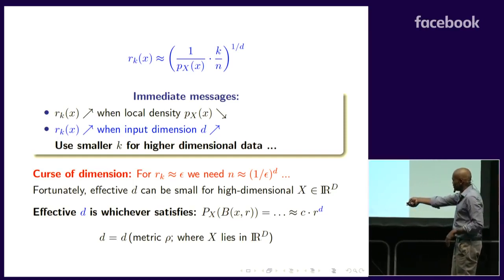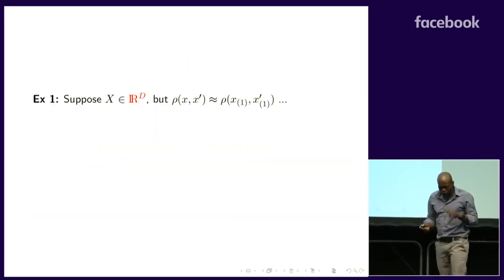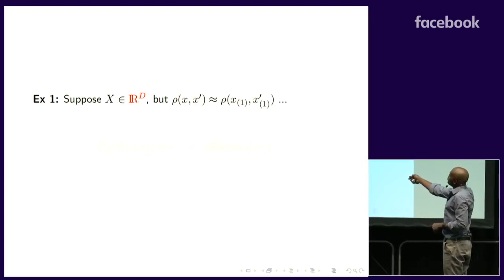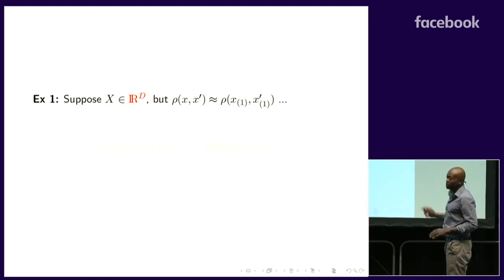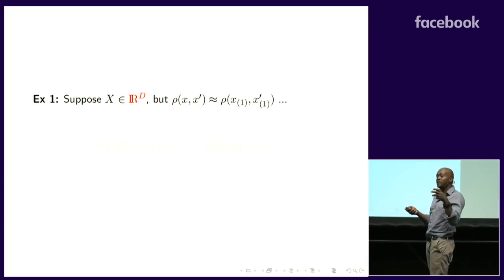So let's first give an example in terms of metrics. So suppose for now that X is in a very high dimensional space, but your choice of metric ignores essentially all coordinates but the first coordinate. Your metric is just in terms of the first two coordinates, let's say, right? Then the first thing you'll have to just ask is what does the ball in that space look like?